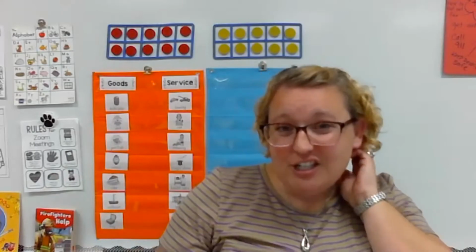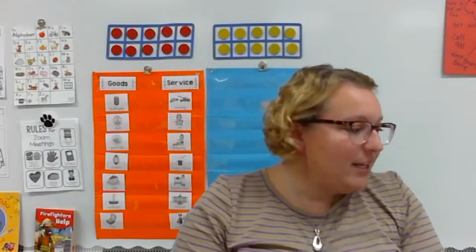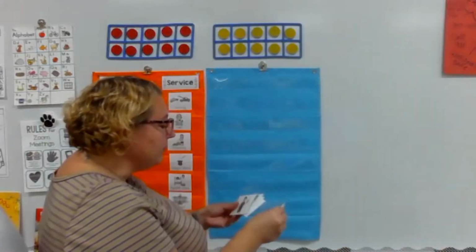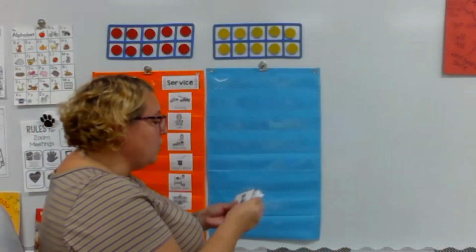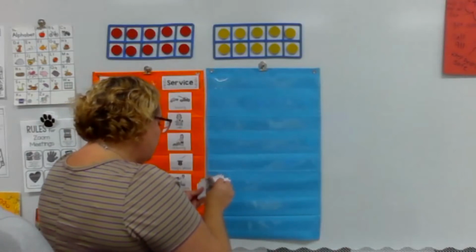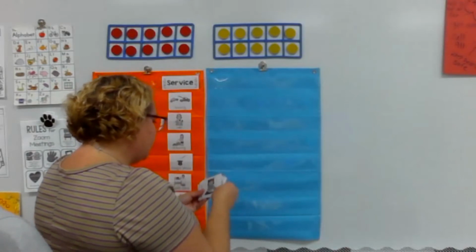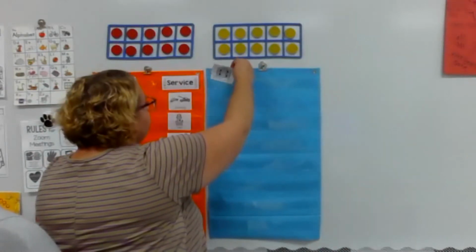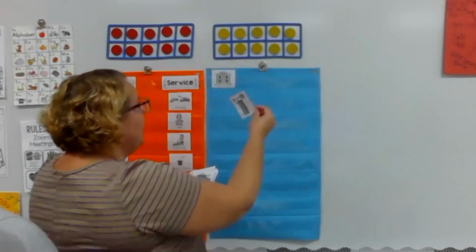So the next thing that I would like to do is talk about services. So I have another sort for you, but on this sort, we're going to do it on the blue. We are going to figure out which service we're getting from which place, okay? So where would we get that service? So down the side, I'm going to put the places, okay? So my first one is the bank. Okay, so we have a bank. We have a bus stop.